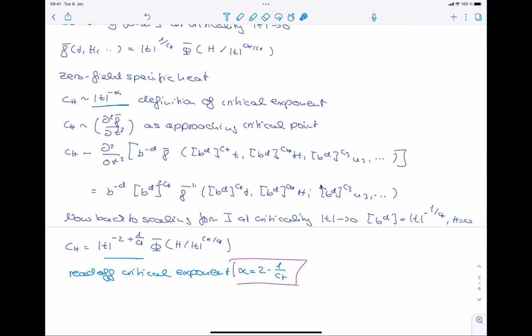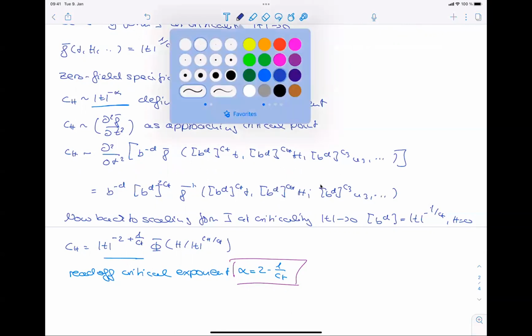And so now renormalization group will explain that this holds as an equality based on these relationships of how the critical exponents depend on the critical exponents of the individual relevant variables. So that's the first one.